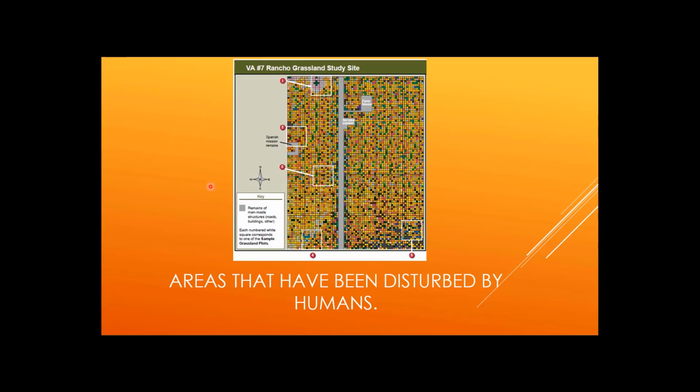There are 4 areas that are disturbed, or highly disturbed, on this Rancho Grassland Study Site. The first area is the mission, so go ahead and write that down in your assignment. The mission is the first highly disturbed area. The second highly disturbed area is the farmhouse, so write that down.